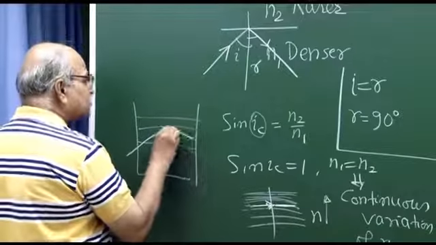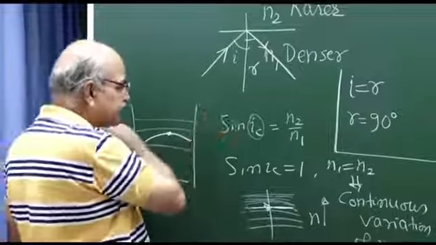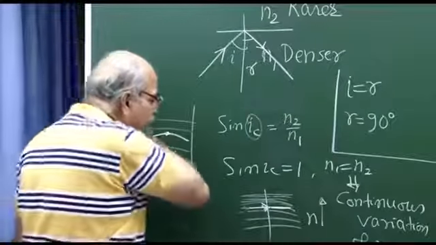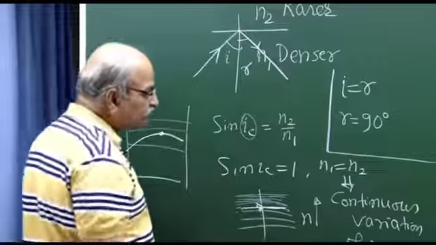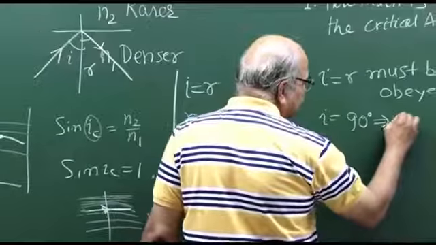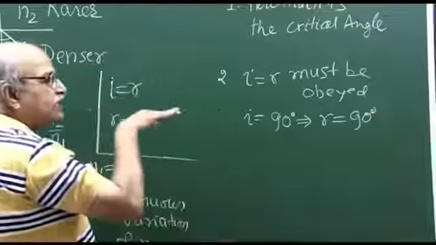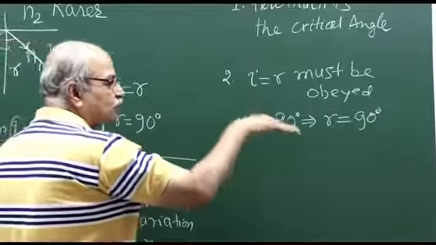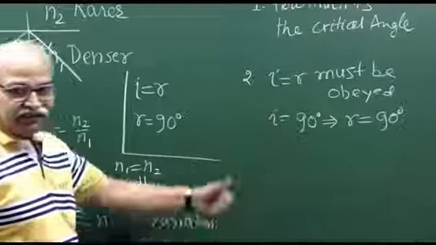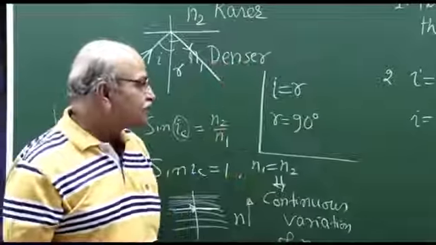So I am talking of this topmost point where the angle of incidence is 90 degrees, it is going parallel to the layer. So if I is 90 degrees, that implies R is also 90 degrees, and that means it must proceed parallel to that layer, it should not go back. So that is another problem with reflection analysis.